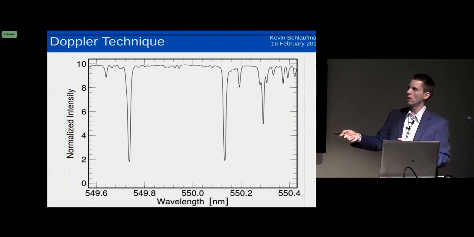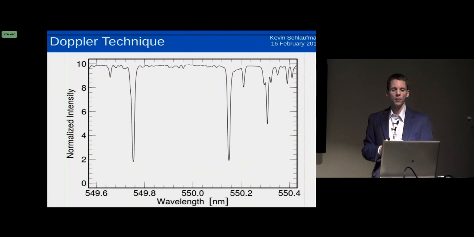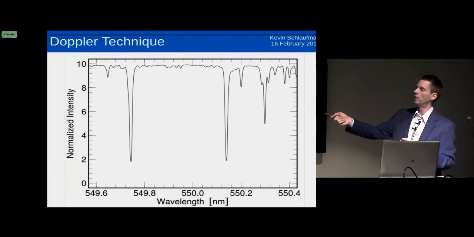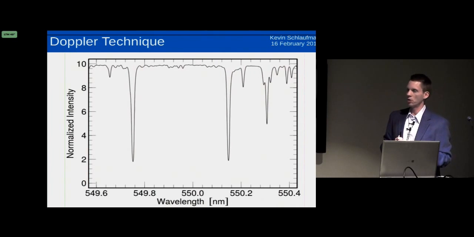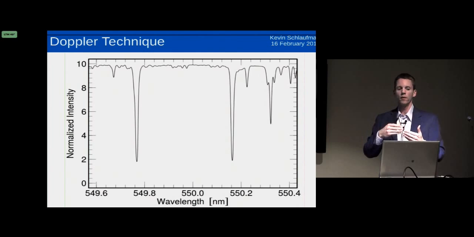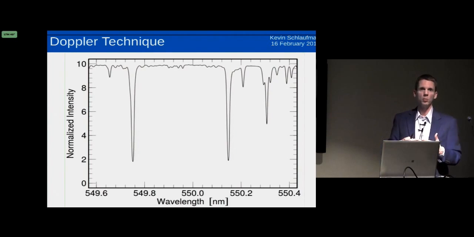So you use a high-resolution spectrograph. You take many high signal-to-noise spectra, and you look for this Doppler wobble of the spectrum of the host star. You look for the absorption lines moving back and forth with a particular frequency and with a particular amplitude. So I've enormously exaggerated the effect such that it could be seen by eye.